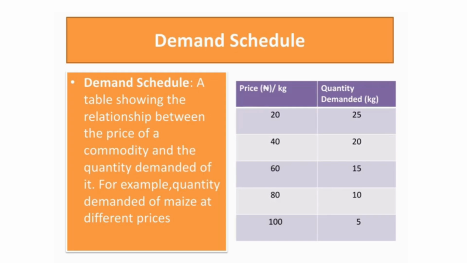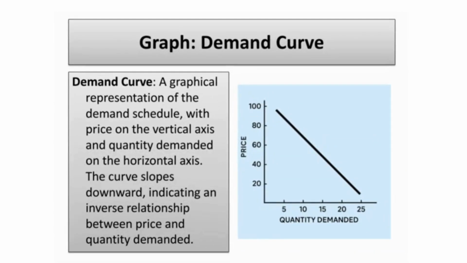The demand schedule is just a table that shows the relationship between the price of a commodity and the quantity demanded of it. This will give us an insight into how we can do a graphical representation of the relationship between price and quantity demanded of a particular commodity.